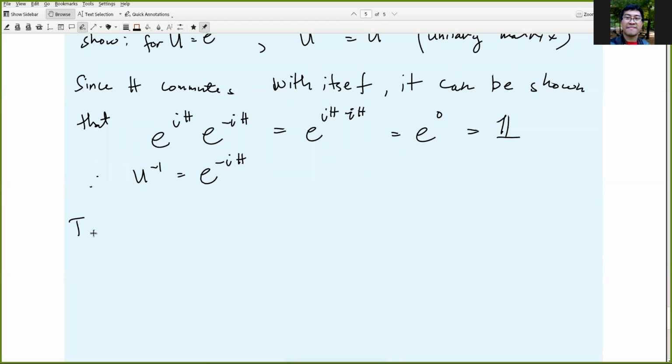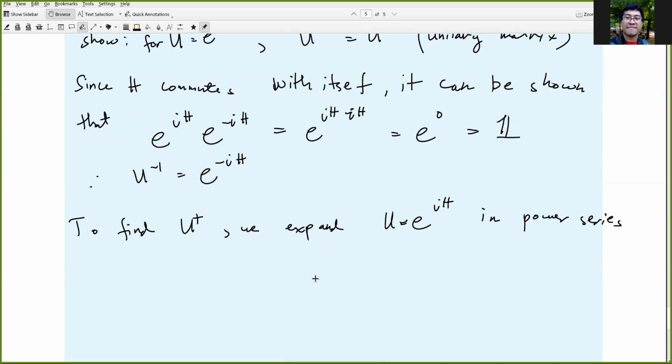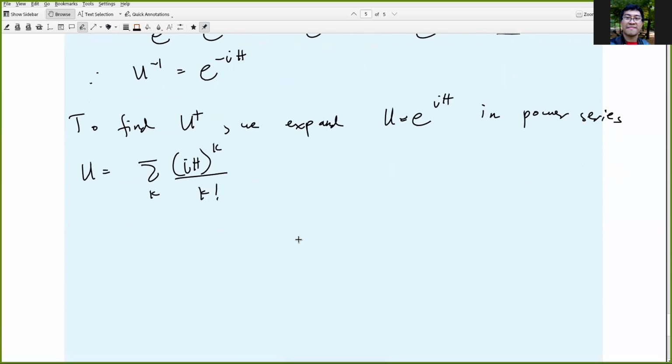So to find U dagger, we expand U equals e^{iH} in a power series. So U is equal to the summation over all k of (iH) to the power of k divided by k factorial.